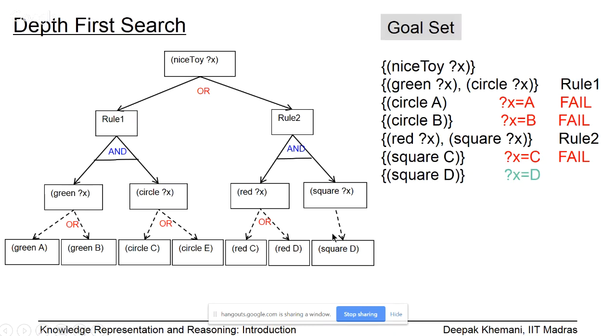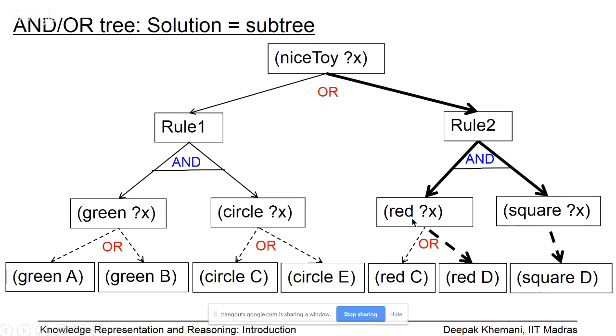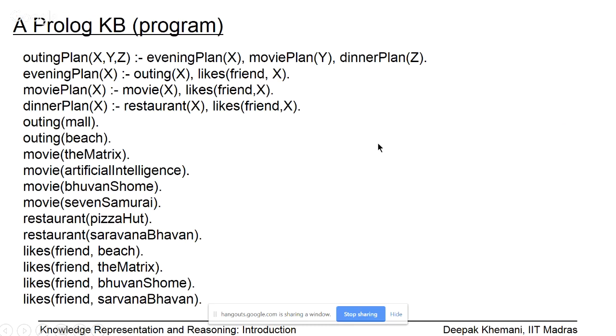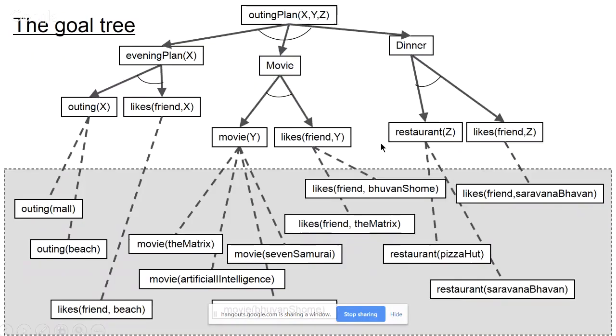And eventually, when we ask is D a square, we succeed, and we are left with the empty goal, and at that point we can answer that yes, D is a nice toy according to the definition that has been given here, because D is red and D is a square, and this was one of the two definitions we had chosen for a nice toy. So the solution of an AND/OR tree is a subtree, as we have discussed earlier.